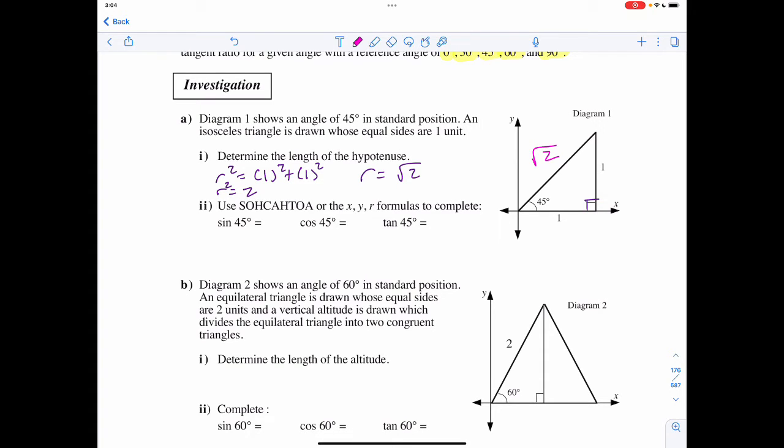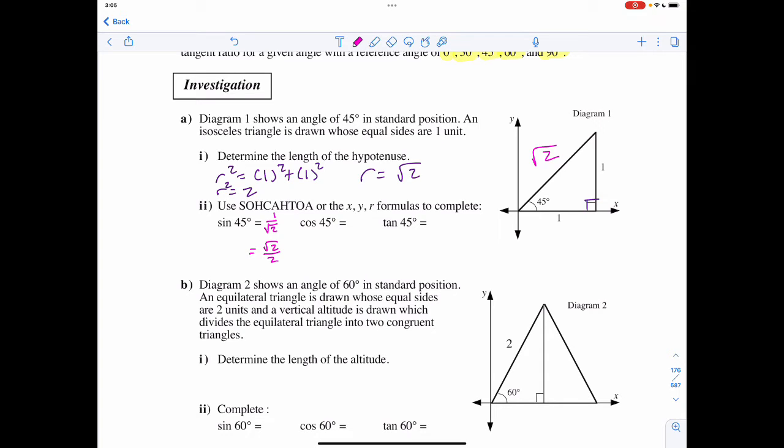Based on that, I can state that sine of 45 is the same as my opposite, 1, over the hypotenuse, the square root of 2. And when I rationalize it, that's going to give me root 2 over 2.